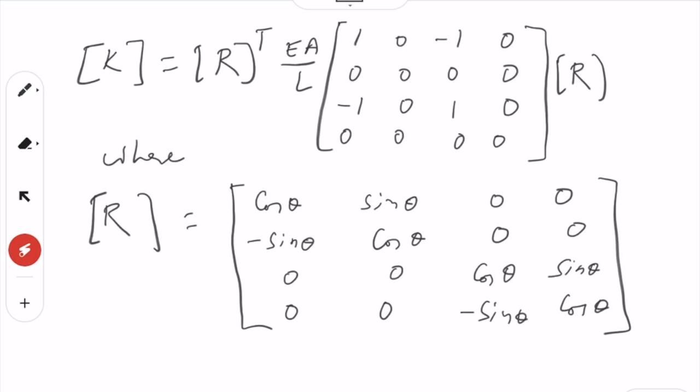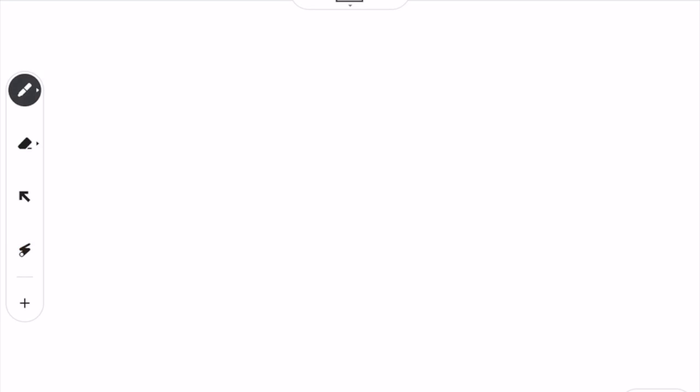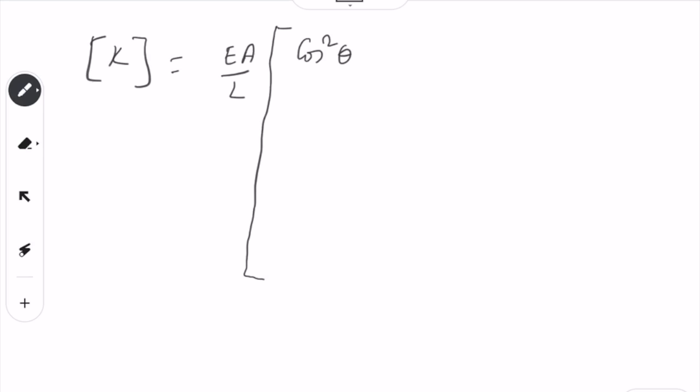So big K will be equal to EA over L. After multiplying all, if you remember, you get here cos square theta, then sin theta cos theta, then minus cos square theta, and then minus sin theta cos theta.